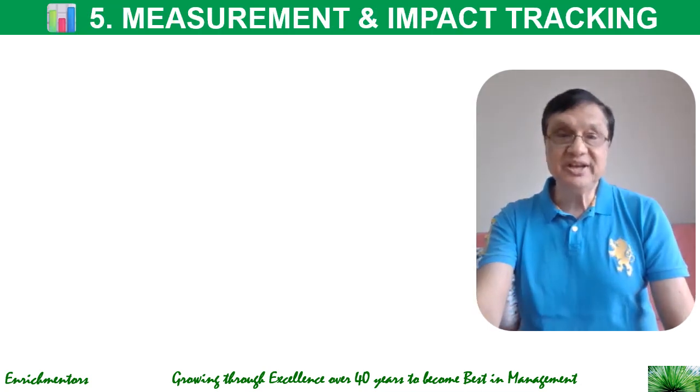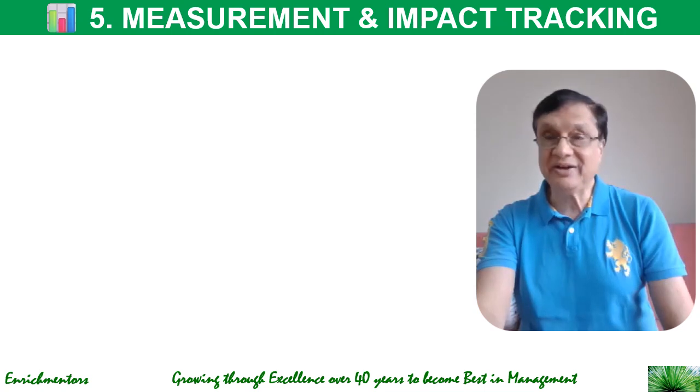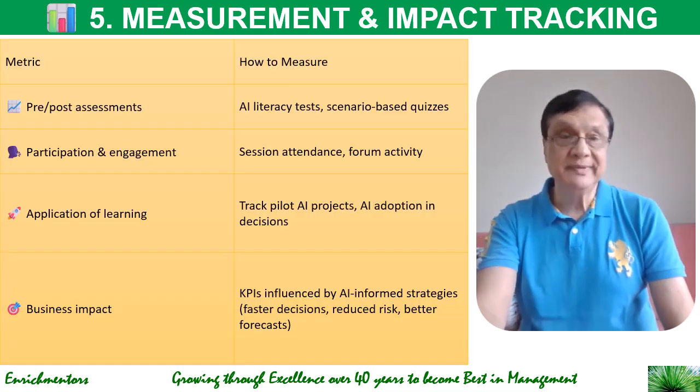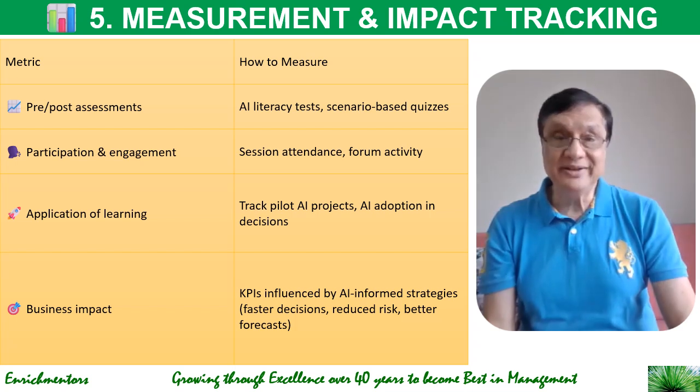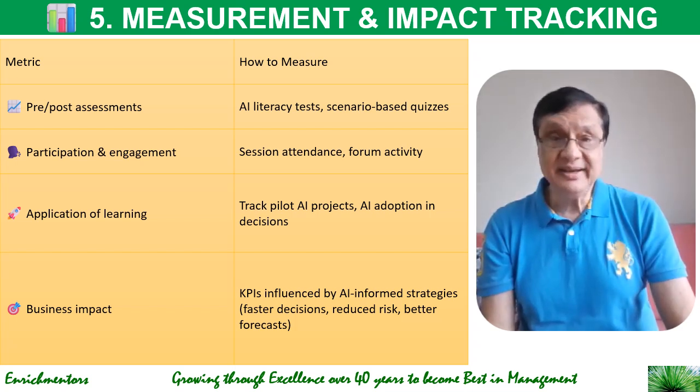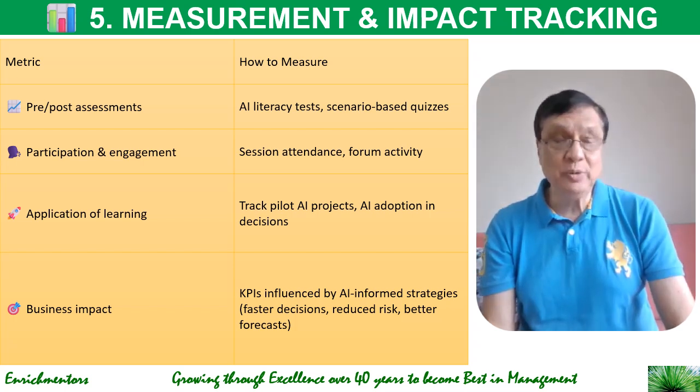Then let's see how you could do the measurement and impact tracking of the training you are doing. You could do pre and post assessment, and there you measure AI literacy. You use AI literacy tests and scenario-based quizzes to measure how much they know pre and post of what you have taught them. You could look at metrics like participation and engagement, where you look at session attendance and forum activity.